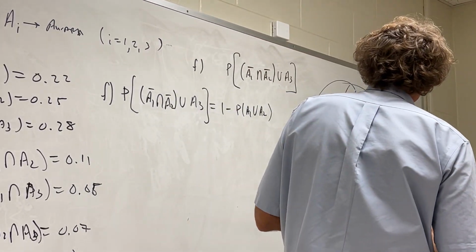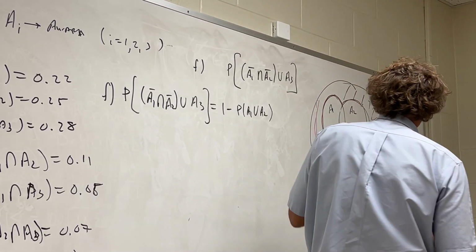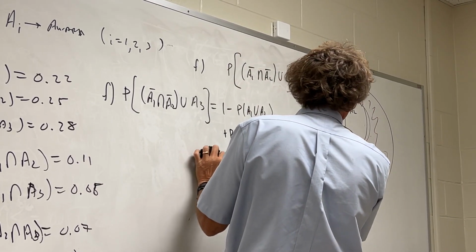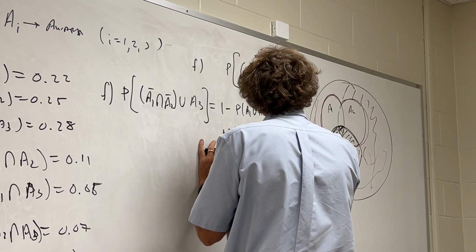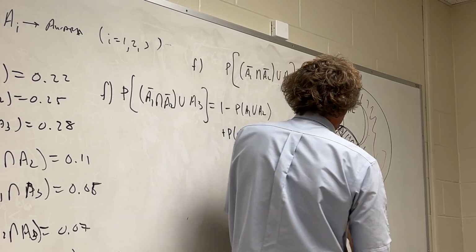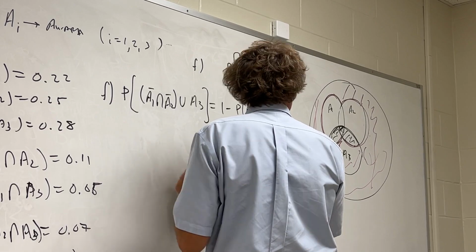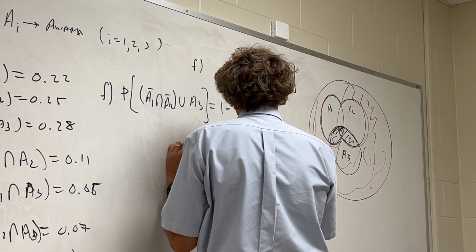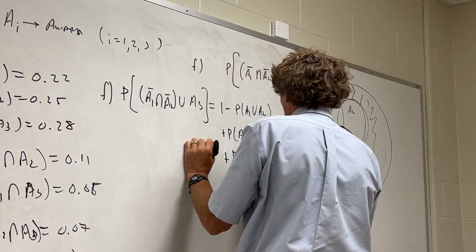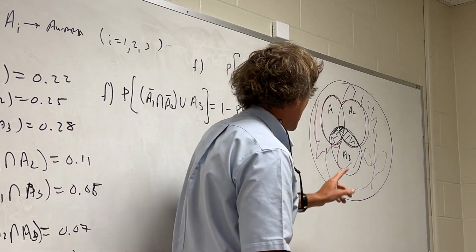Now I have everything in that purplish color, and I have to add the probability of A1 intersect A3, this sliver, plus the probability of A3 intersect A2.